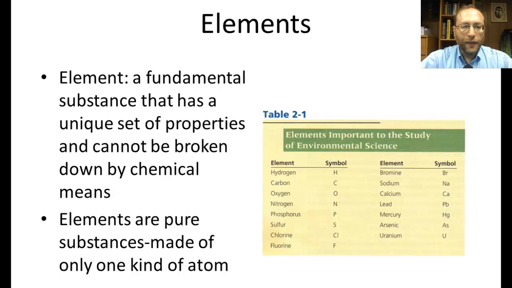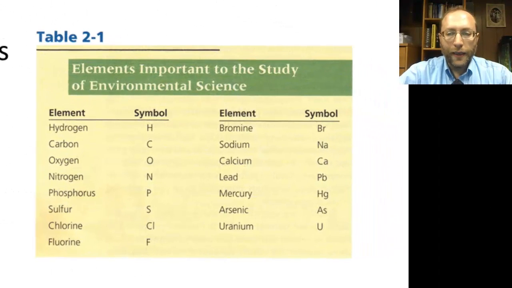Now, for elements: an element is a fundamental substance that has a unique set of properties and cannot be broken down by chemical means. Elements are pure substances. They're made of only one kind of atom, and element and atom are frequently used interchangeably. Over here we have a table that shows the elements that are important to environmental science.